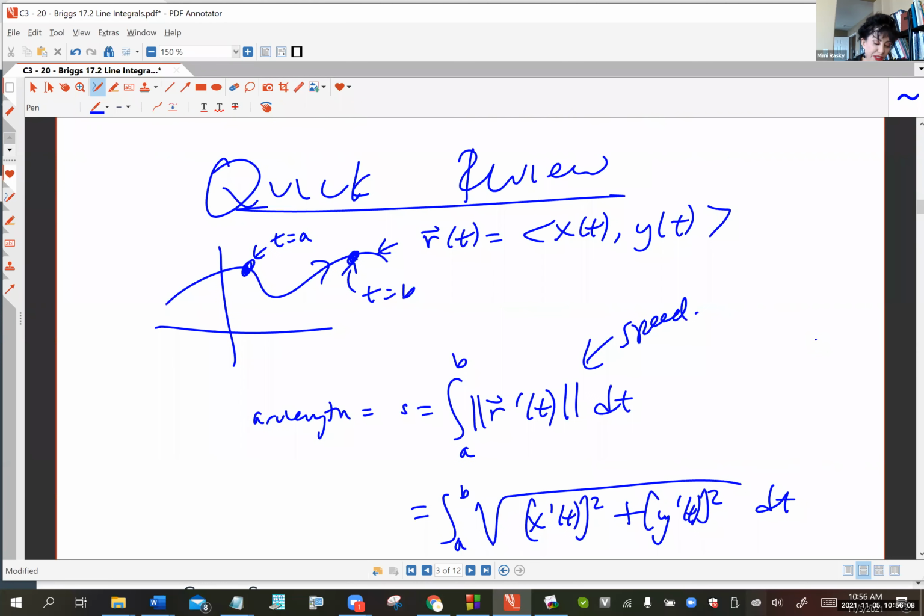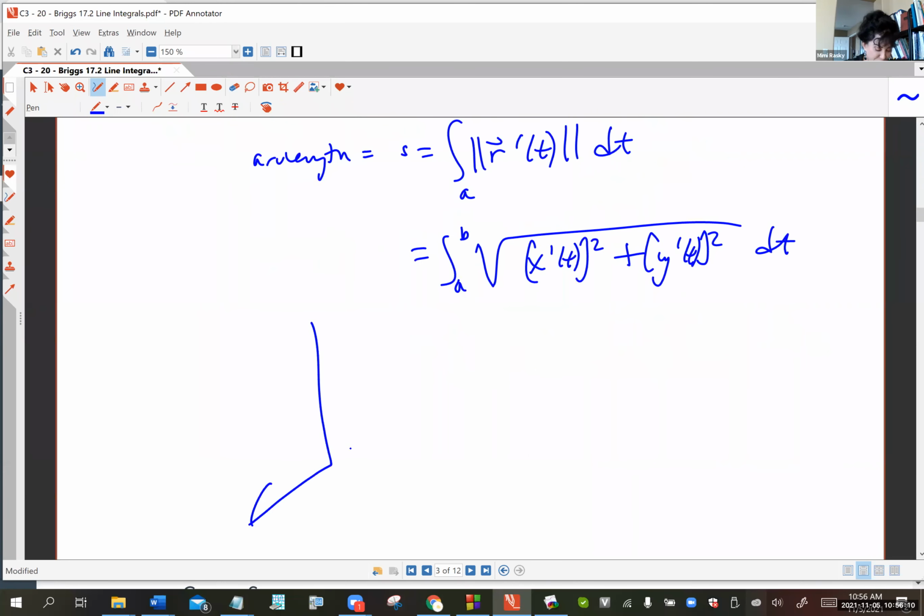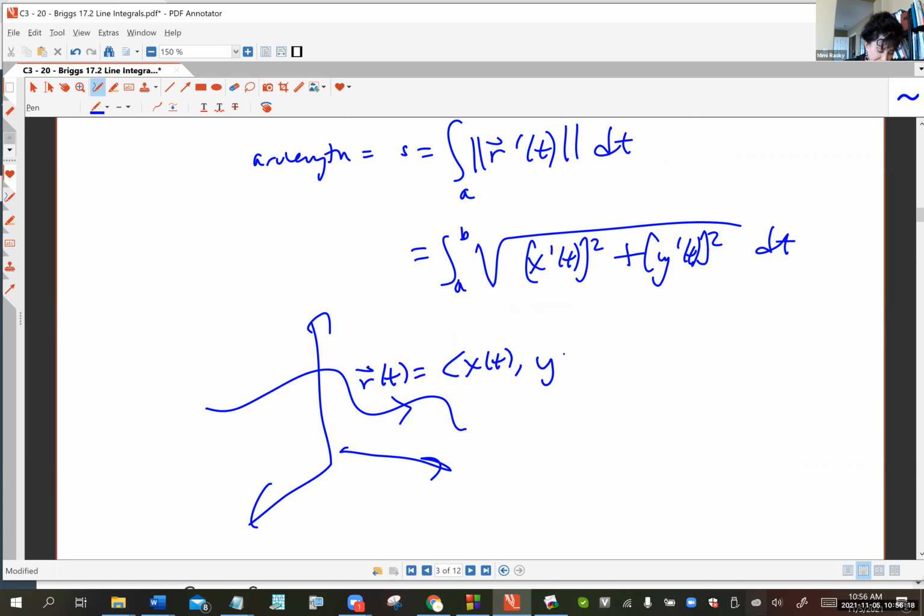Now, if you have a 3D curve, sure, we did that too. So let's say you had some weird curve here in space given by r of t equals x of t, y of t, z of t, and somebody said, hey, I want to know the arc length between t equals a and, say, over here, t equals b. Fine.